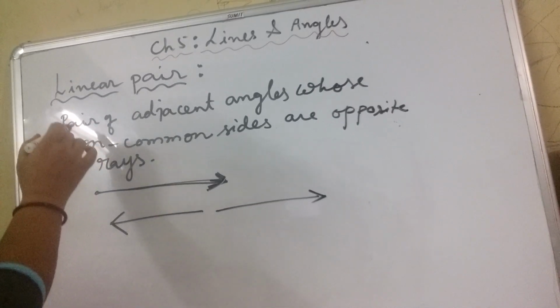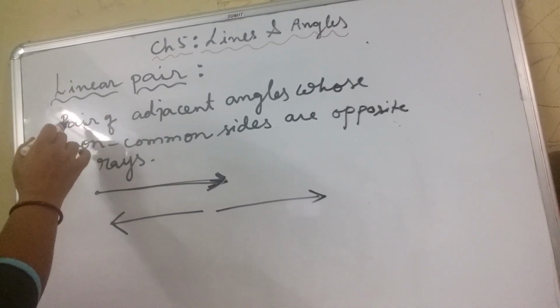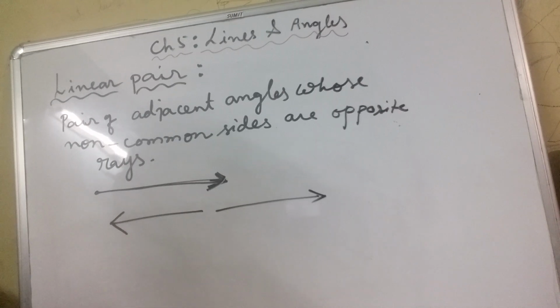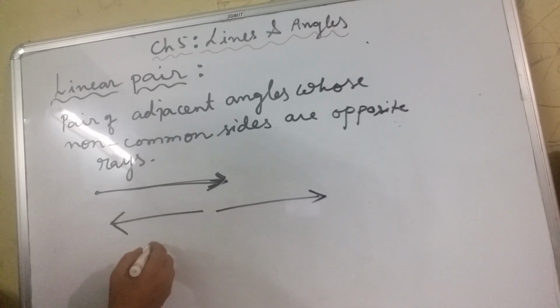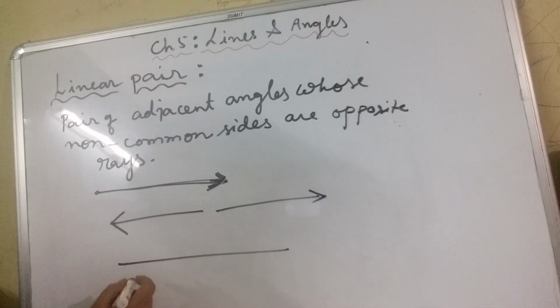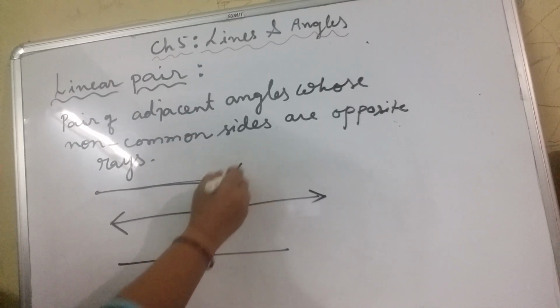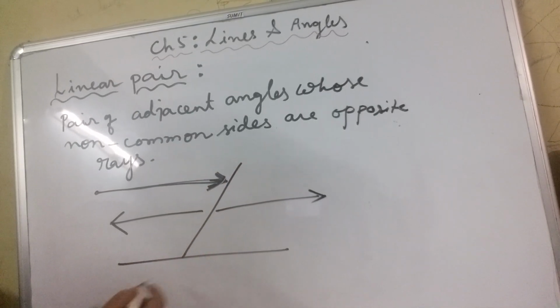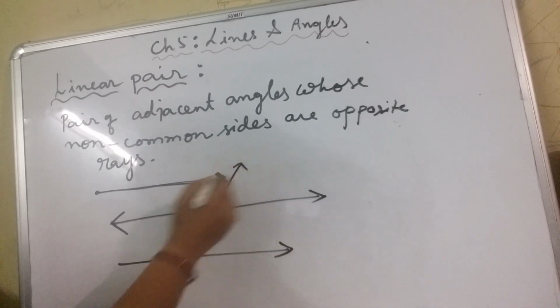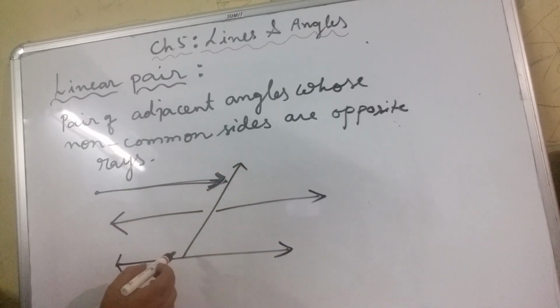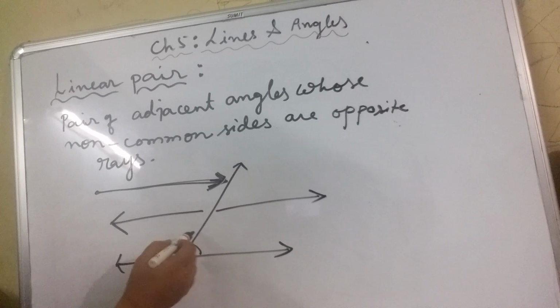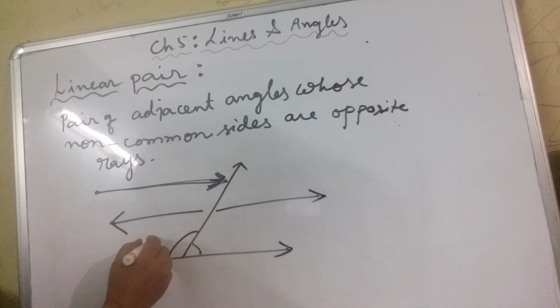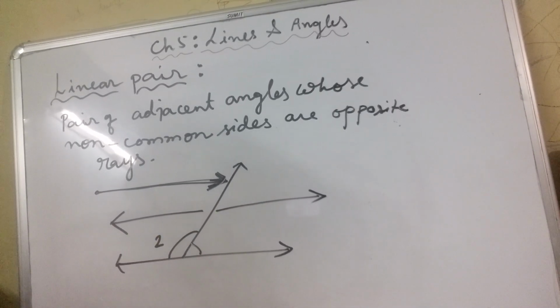The definition says a linear pair must be a pair of adjacent angles. So take an example: this is angle 1 and this is angle 2.